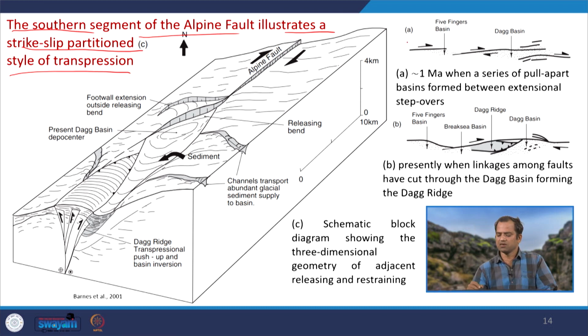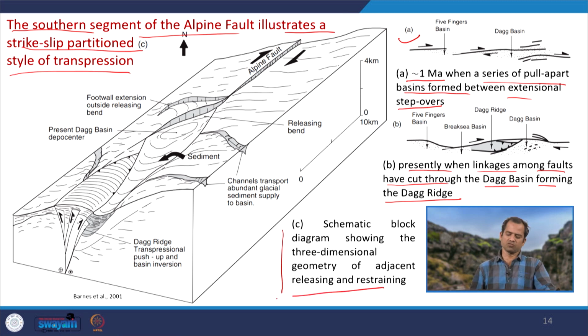So here in number 1, if you see, it is 1 million years ago when a series of pull apart basins formed between the extensional stepovers. And presently, linked faults have cut through this basin, forming the ridge. The schematic block diagram shows the 3-dimensional geometry of the adjacent releasing and restraining bends.